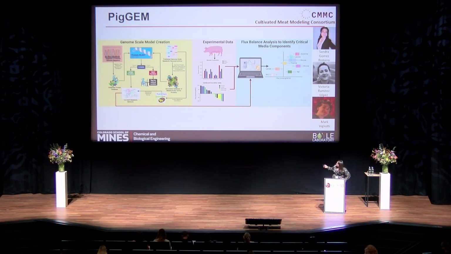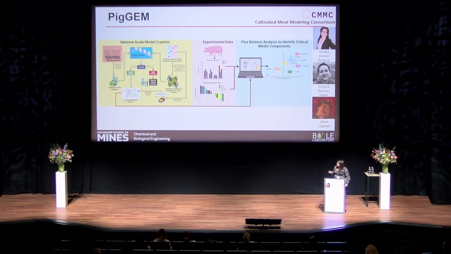But basically what we've done is we've taken the genome of pigs, we've run it through our algorithm, we got a first draft network. We did quite a bit of manual curation, so that means making sure that the stoichiometry of the reactions are the same, making sure that there's no gaps, removing duplicates and things like that.